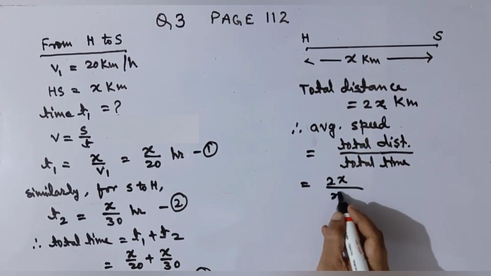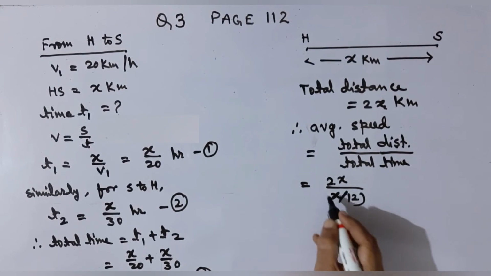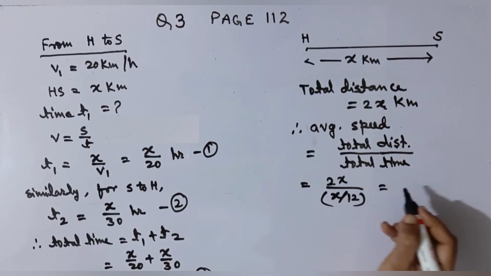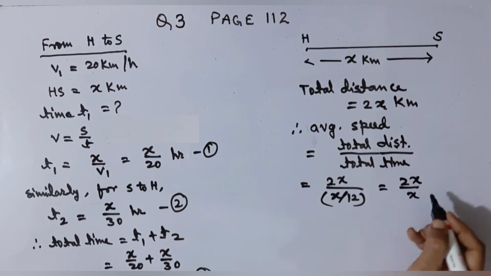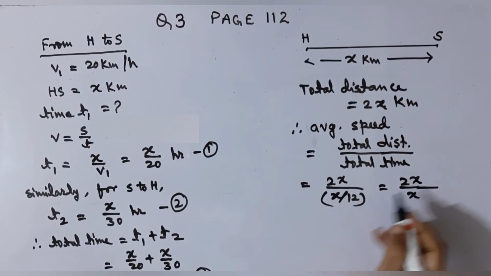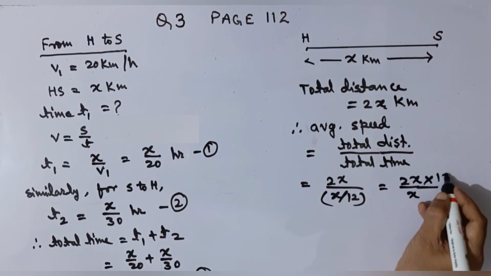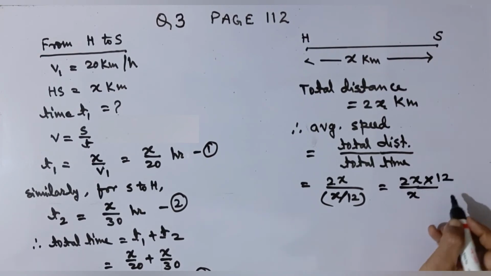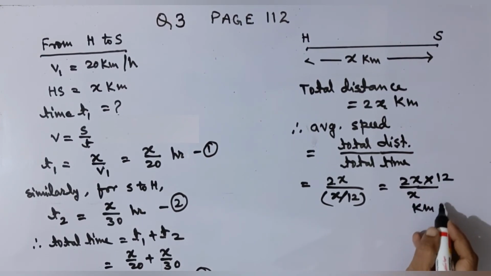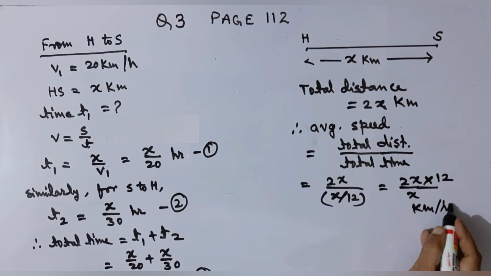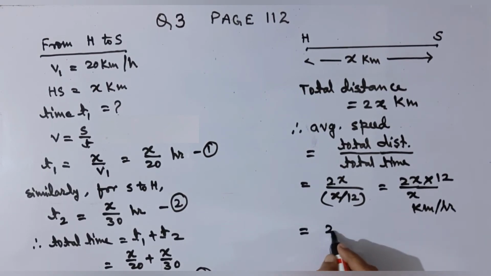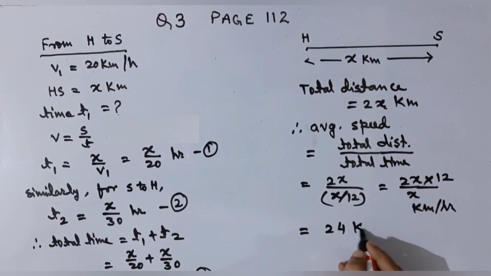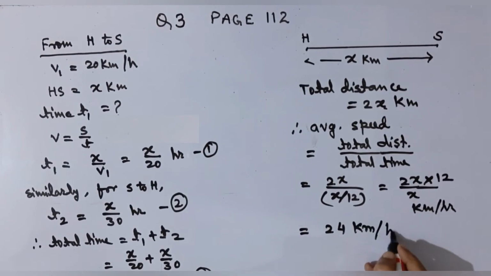Total time is x upon 12. Since it is in fraction, we will write it as such, 2x upon x, and the 12 will come into the numerator, and this will be kilometer per hour. After simplification, it comes to be 24 kilometer per hour.